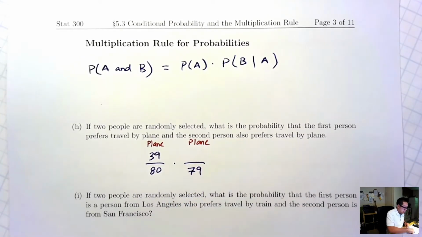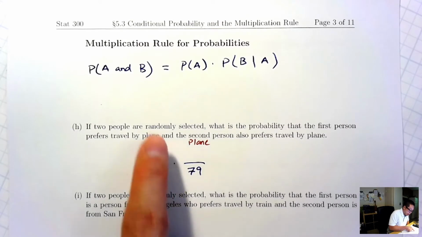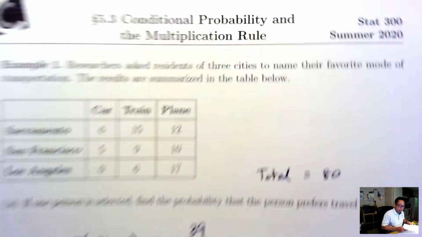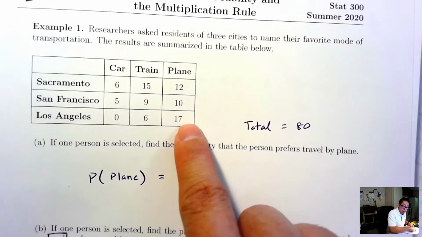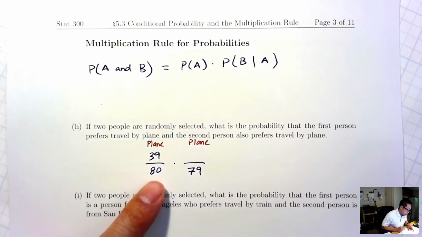And then how many people prefer travel by plane? It's 39, but keeping in mind that I already have a person who prefers travel by plane, I'm now down to actually 38.